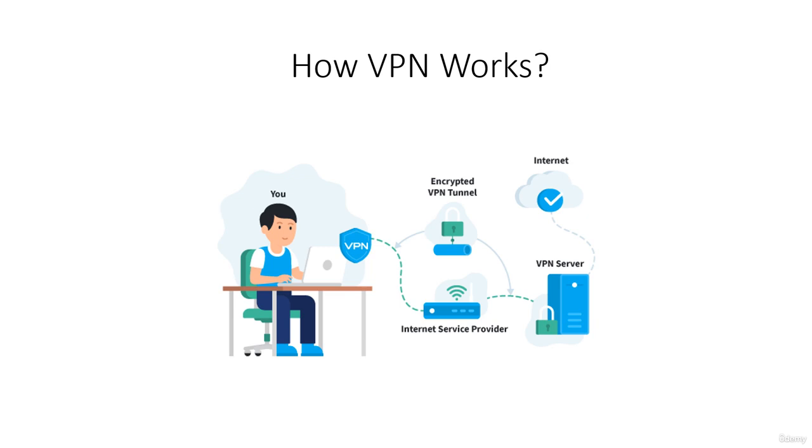Second, the encrypted data from your computer is decrypted by the VPN server. Then the VPN server sends your data on the internet and receives a reply meant for the user. The traffic is encrypted again by the VPN server and sent back to you, and the VPN software on your device will decrypt the data so that you can actually understand and use it.